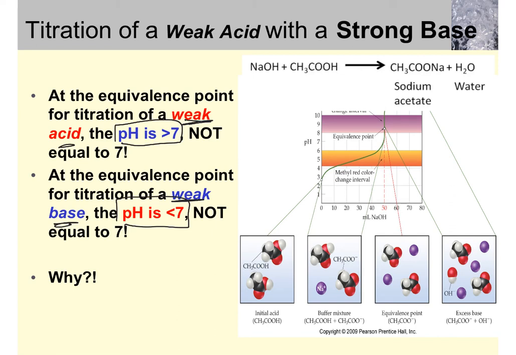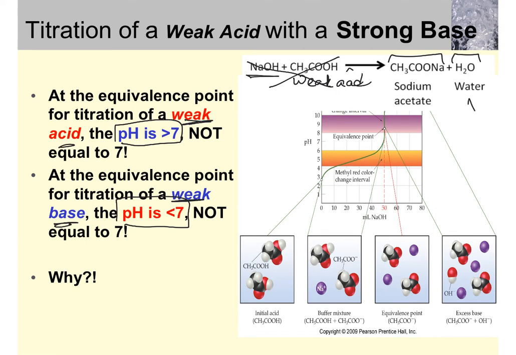Let's just look here. So here's acetic acid, which is a weak acid, and let's say that we titrate it with our strong base here. What are the products going to be? Well, at the equivalence point, as always in this chemical reaction, the original acid and base are going to be gone, and you're going to be left with the salt and water.